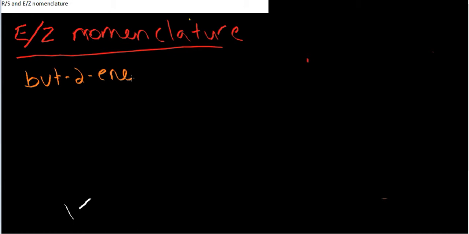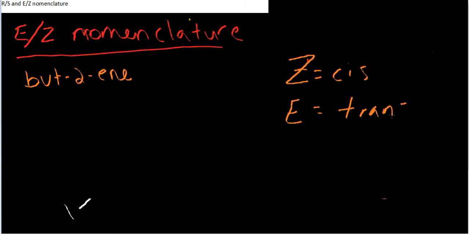I know some people say that it's not the same, but when I look at it, it's the same to me. So take it with a grain of salt. The Z to me is cis, and the E is trans. And this has to do with double bonds.